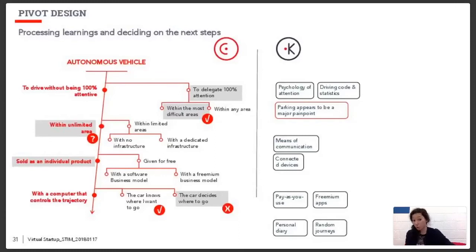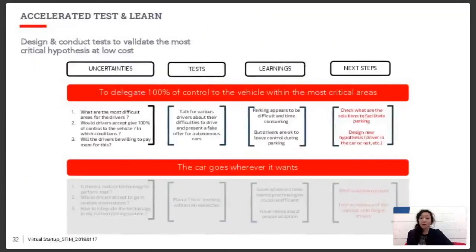So what are the next steps? We need to see what are the solutions that exist already to facilitate parking. And for instance, you have several articles and you can talk to different car manufacturers or your partners. So what are the parking facilitation solutions that exist, and how are you going to use them.